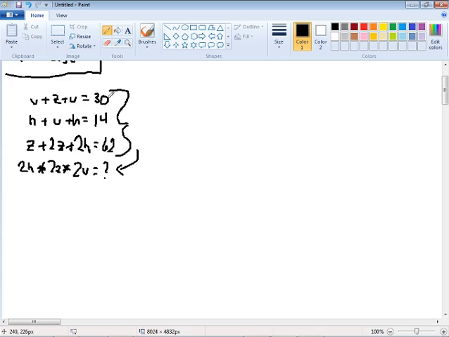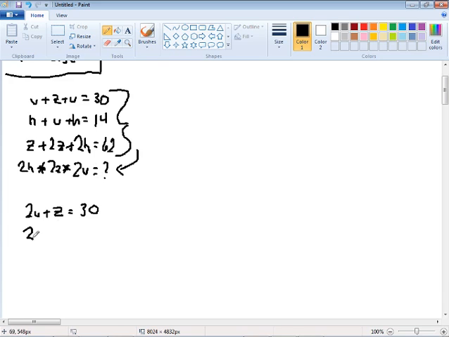I'm going to look at this first one, and I see that I have U plus Z plus U is equal to 30. Well, U plus U is 2U plus the Z is equal to 30. Then I have the same thing down here: H plus U plus H is equal to 14.